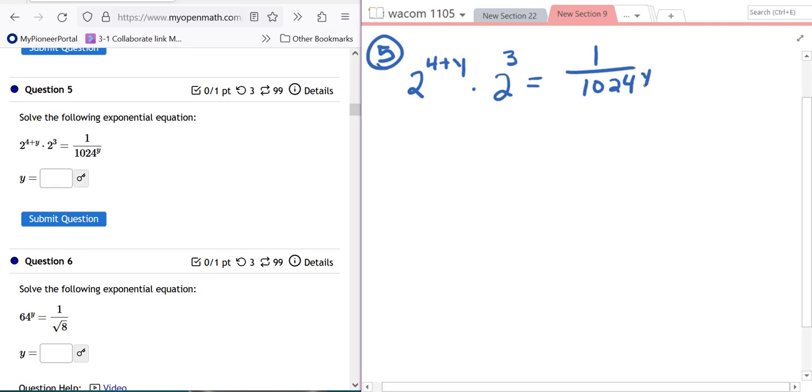So our candidate is going to be a base of 2. Remember your rule: when you have like bases multiplied, you keep the base and add the exponents. So we can combine on this side and have 2. The exponents are going to add, so that will give us 7 plus y.